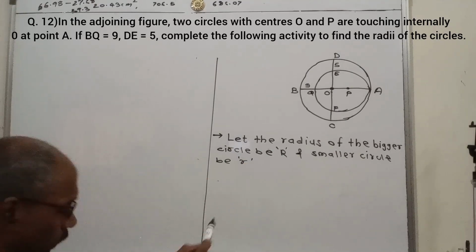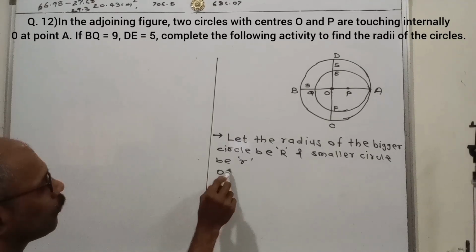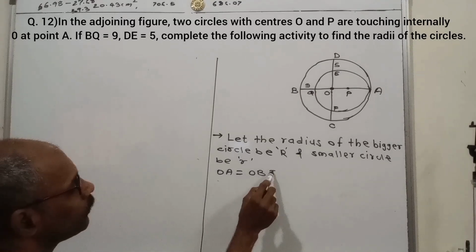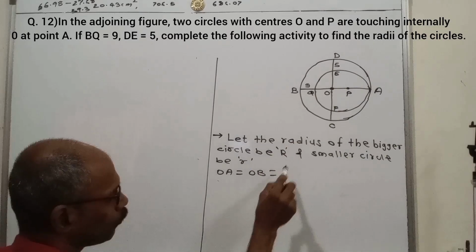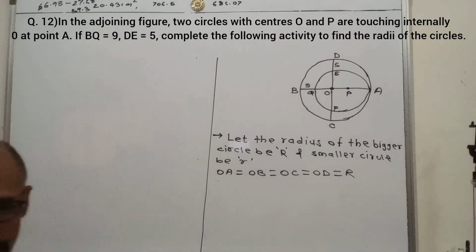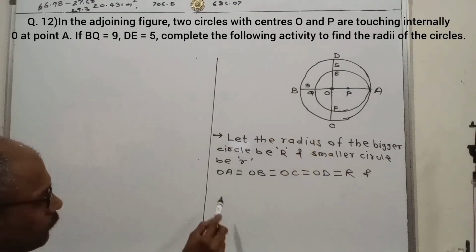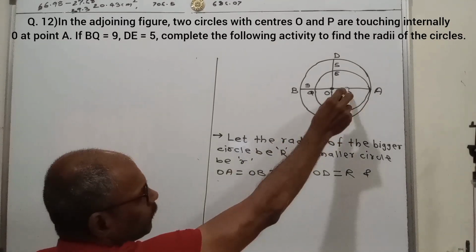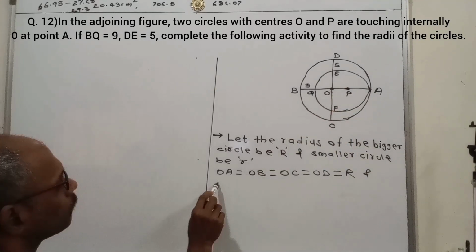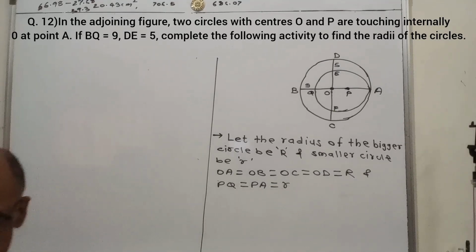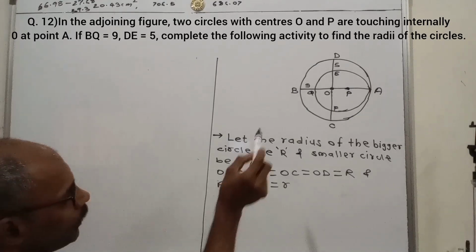Okay, so we write here, we have given OA is equal to OB is equal to OC is equal to OD is equal to capital R, and for smaller circle, PQ is equal to PA is equal to small r. Did you get it?